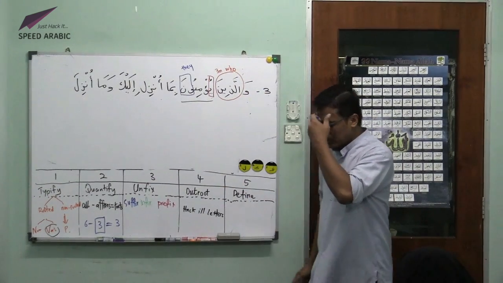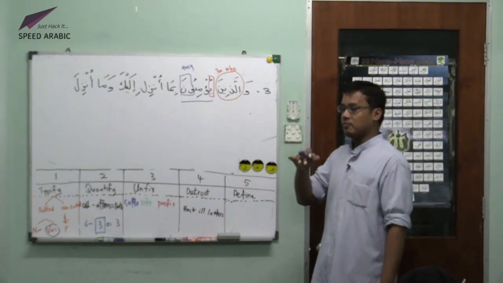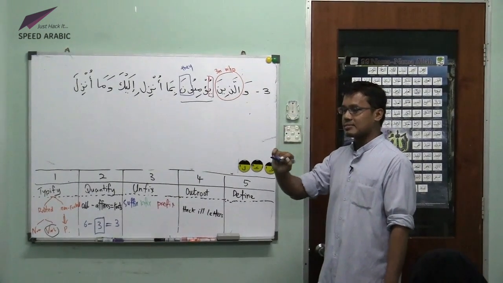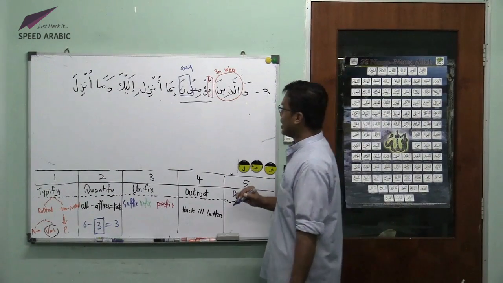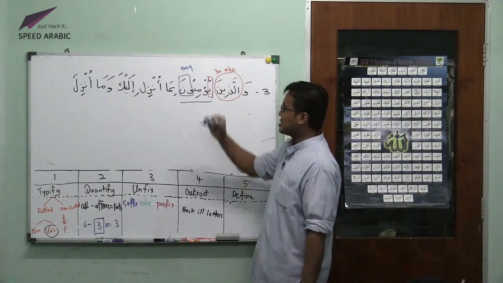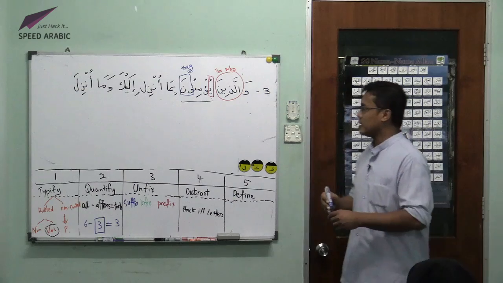This is row number 3 for verb past stem suffix. Okay, so minun means they all.